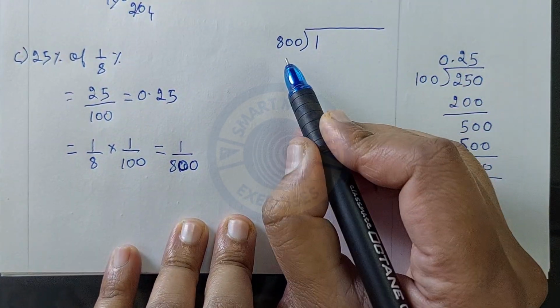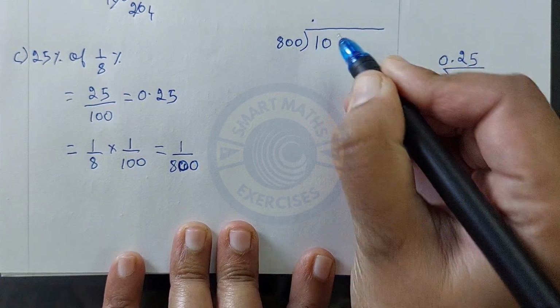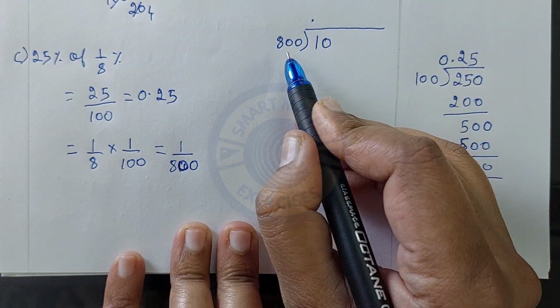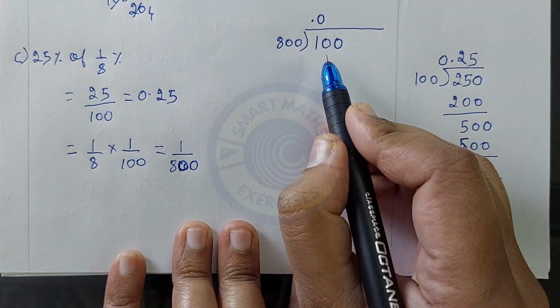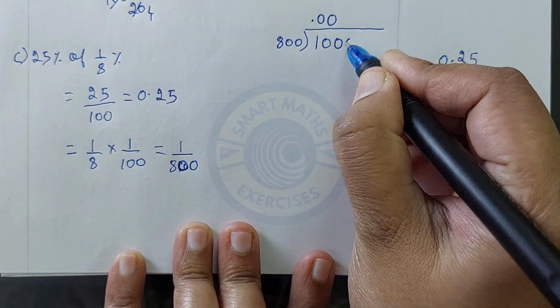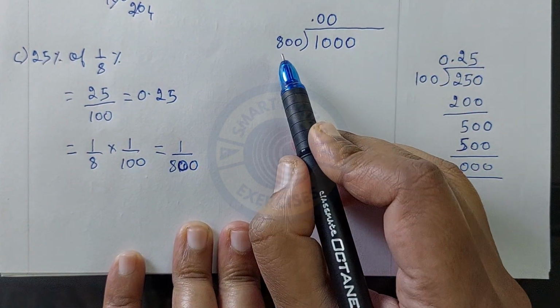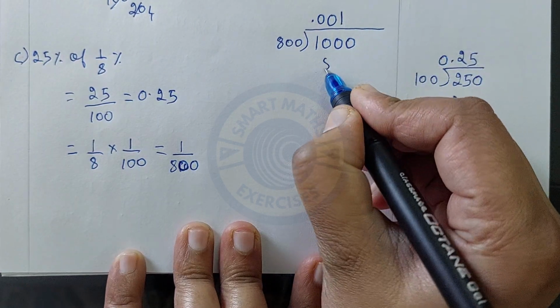Now 1 is less than 800, so we add a decimal point and add a 0. 10 is still less than 800, we add a 0, add one more 0. 100 is still less than 800, so we add one 0 here, add one 0. Now 800 ones are 800.